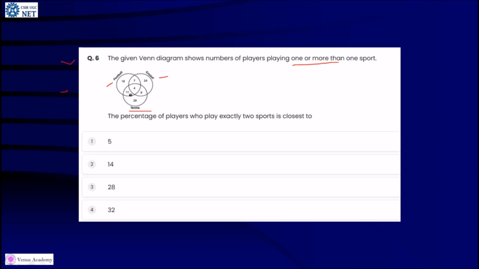So in the Venn diagram, this is 11 plus this is 6. 11 plus 6, how much? 17 plus 7, 24. And this 4 also has to be included. 24 plus 4, 28. Option number 3 is the correct option, students.